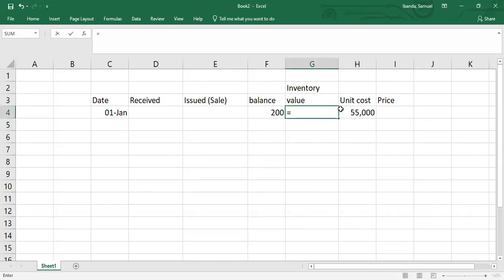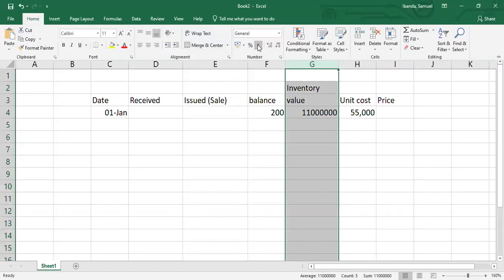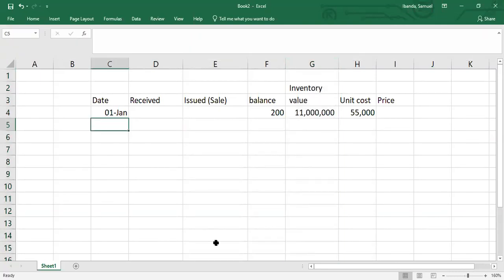So the overall value of this is 11 million.